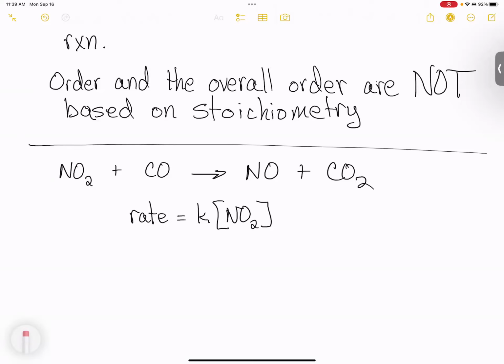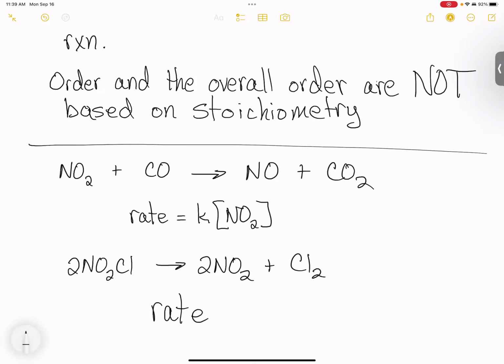Let's look at another example. 2NO2Cl goes to form 2NO2 plus Cl2. This has a rate equal to K times NO2Cl.